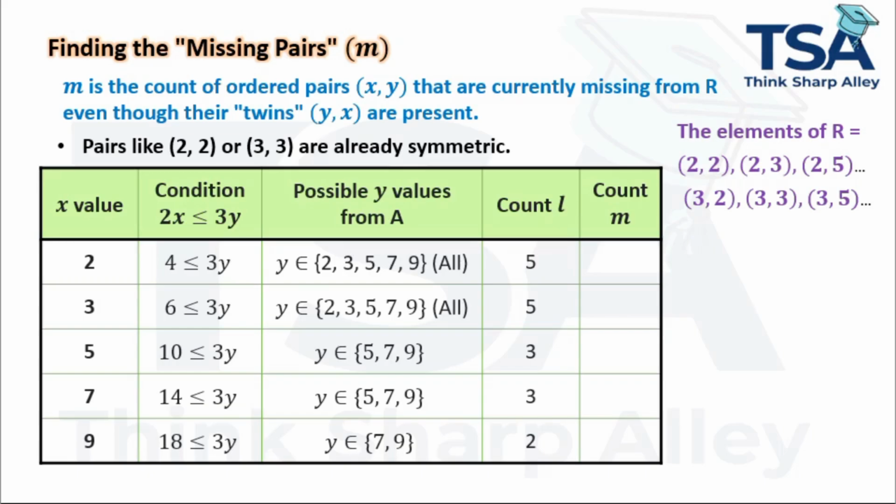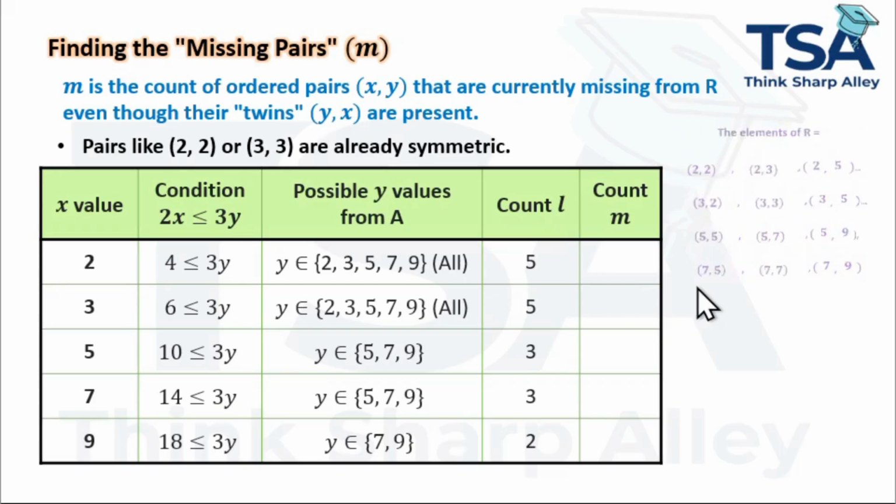So if you check the table for x equal to 5, 7 and 9, you will see that y equal to 2 is never an option because it fails this condition. Because these 3 pairs are lonely and missing their twins, we have to add 3 new elements to the relation to fix the symmetry, and that is why the count for M is 3 in this row.